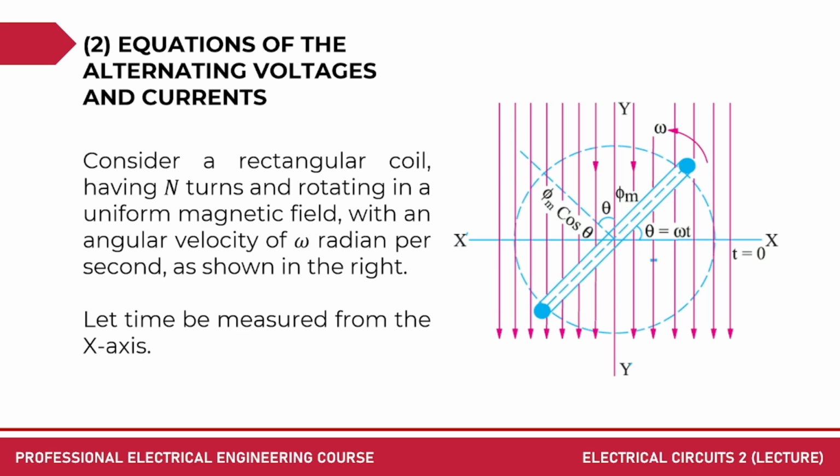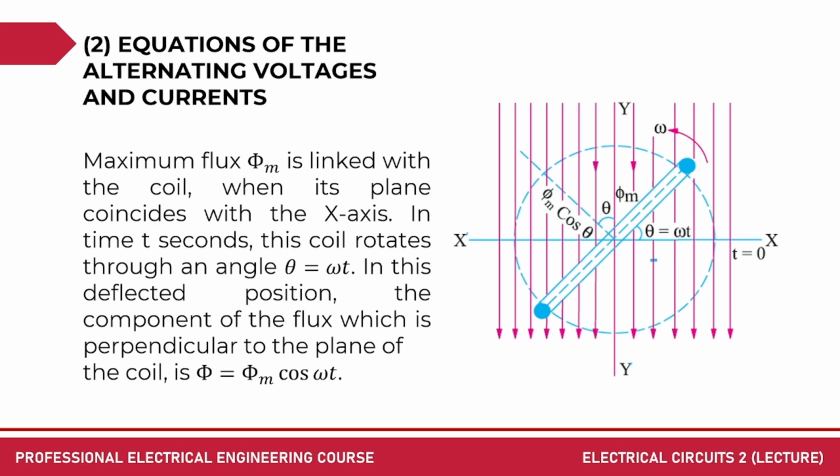Next, the equations of the alternating voltages and currents. Consider a rectangular coil having n turns and rotating in a uniform magnetic field with an angular velocity of omega radians per second, as shown on the right. Let time be measured from the x-axis.